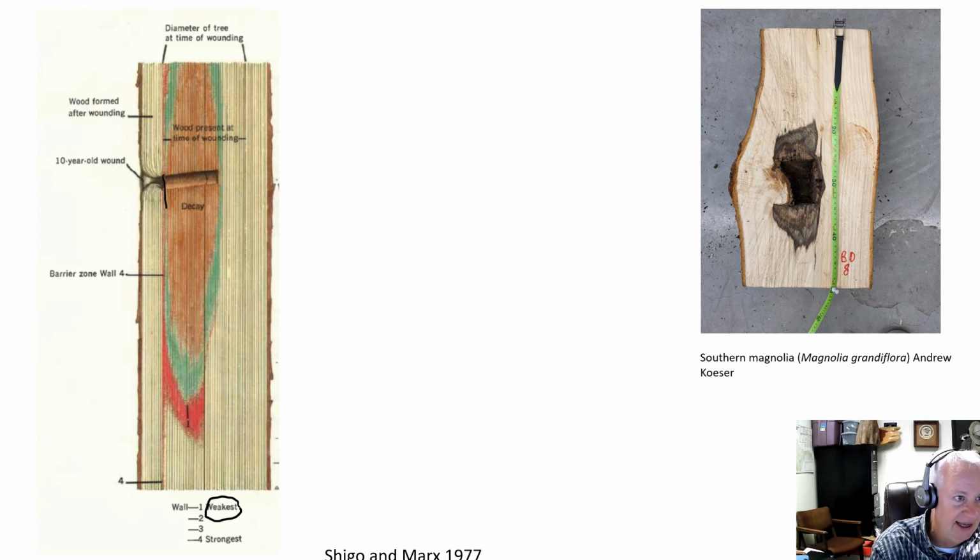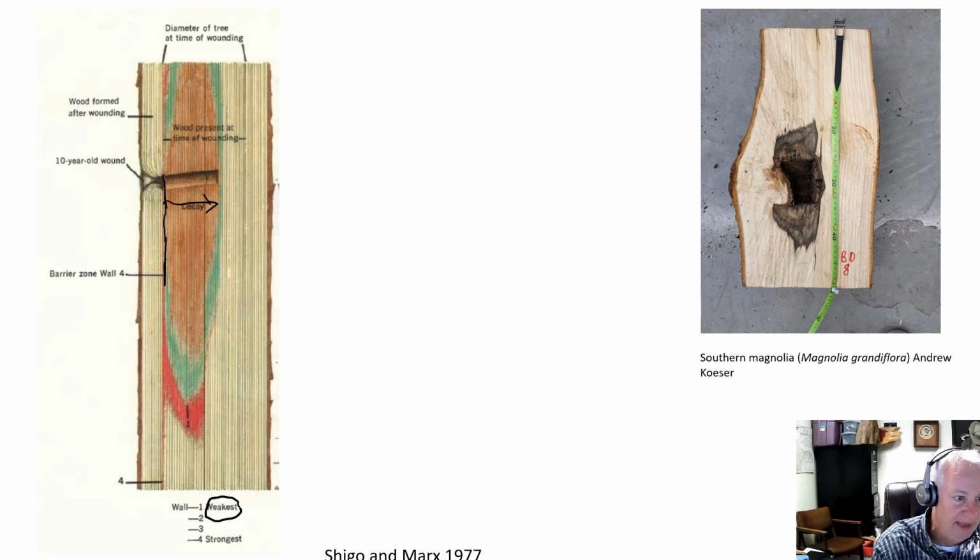Okay, so you can see the wound spread inward into previous growth rings. So there was some resistance, but it was not as strong as, for instance, the wall 4, which occurred right here in the growth rings after that wound.